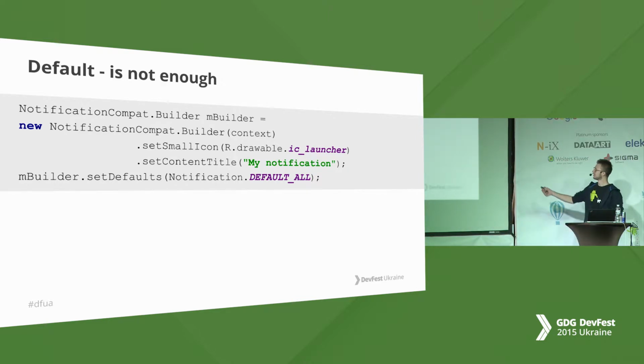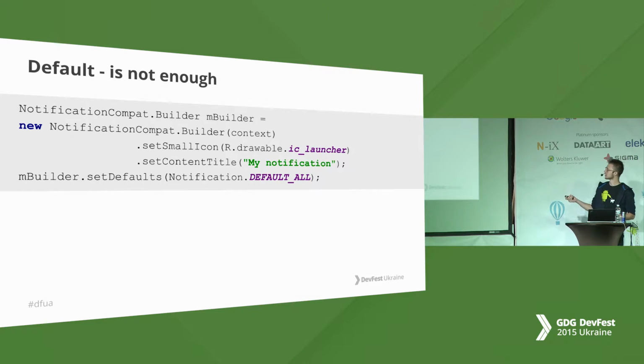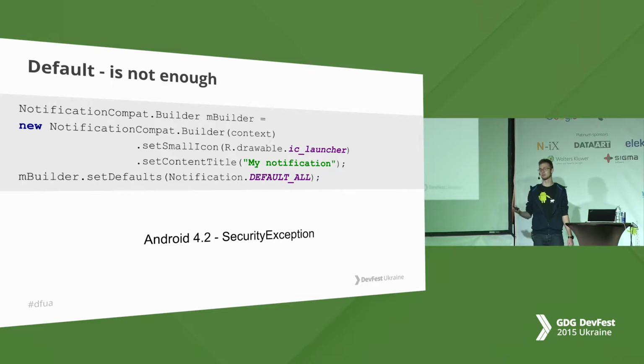Basically, if you set default for the notification, it means the notification will use default settings for lights, RGB diode, vibration pattern, ringtone, etc. Most of us will use the default because it's quite easy to use and probably better. But on Android 4.2, it will get you a security exception in the first place, and the app will crash. And that's the end of the story for your app on the user device. He or she will never see any notification from your app.